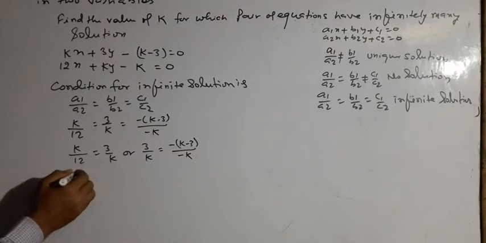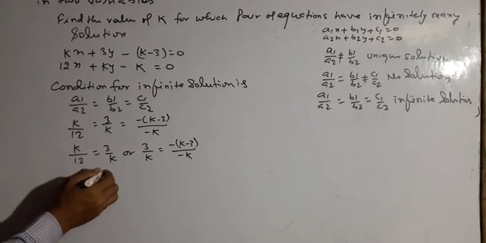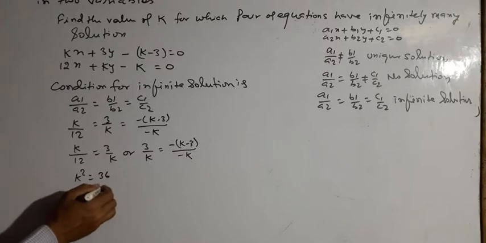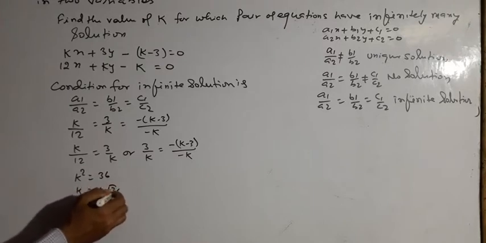By cross multiplication, k square equal to 36, k equal to plus minus under root 36, plus minus 6.